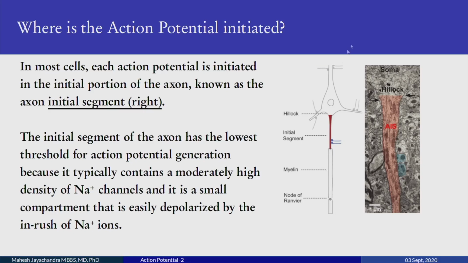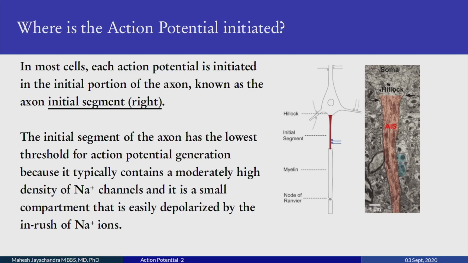Between the cell body, the soma, and the axon, there is a segment called the initial segment, and that has a very high density of sodium channels compared to the rest of the soma, and it is a very small compartment and it depolarizes easily. So generally action potentials are initiated in the initial segment.